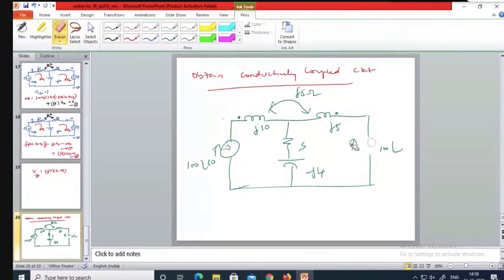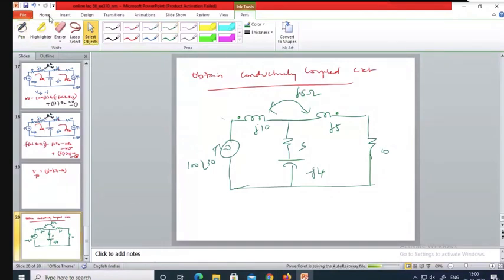This is the resistance, 10 ohms. So what you have to write here is the conductively coupled equivalent circuit.